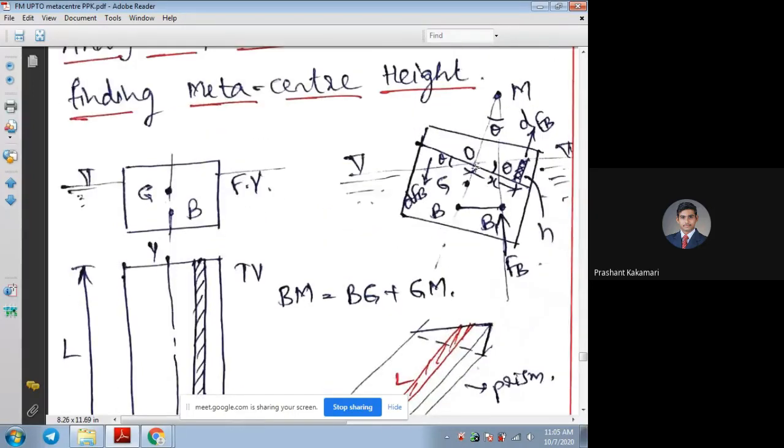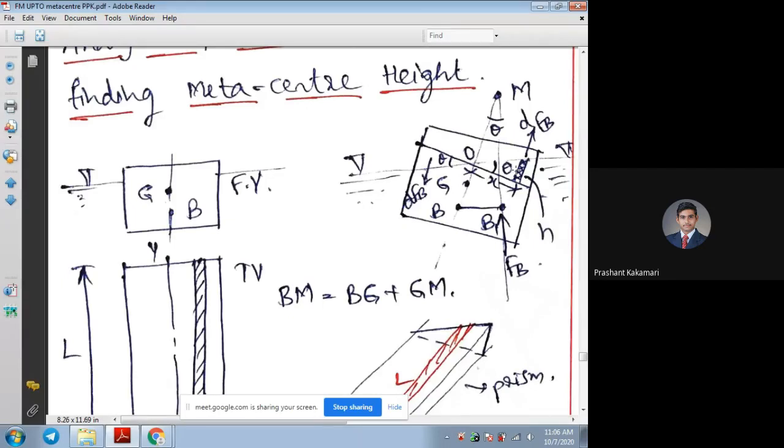From the central axis O up to n, it is x. For the small volume or area considered, they have taken dx, but on one side it is x. Opposite to theta, the height is h, which is how much is immersed inside the liquid. Then the length of the given ship is L.